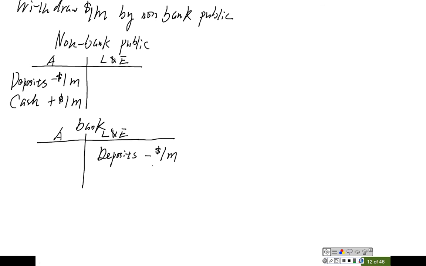So if the deposit goes down by $1 million, reserve will also go down by $1 million. And the reserve is part of the bank assets. So reserve going down by $1 million is a negative $1 million.